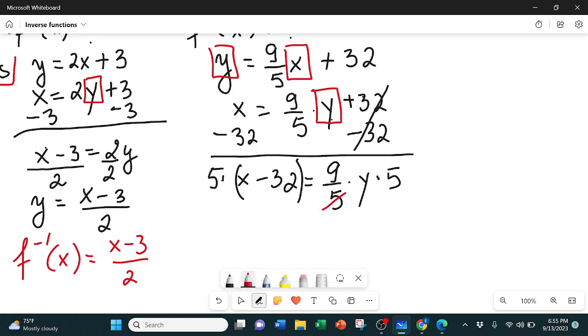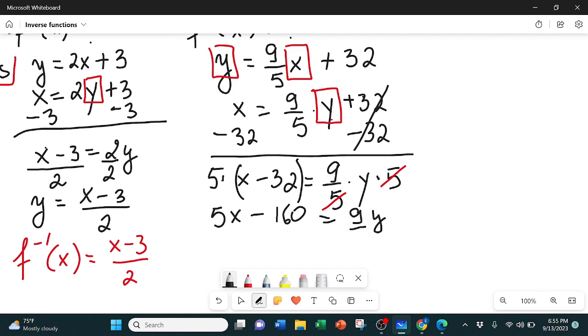So this way we're eliminating the denominator. Then I'm going to rewrite 5x, 5 times x, 5x, 5 times 32, 160. That is equal with 9y.